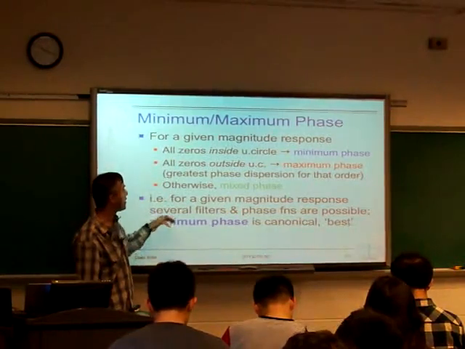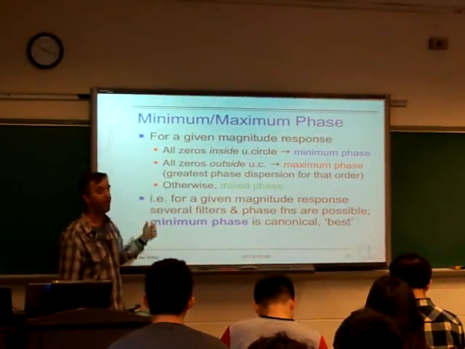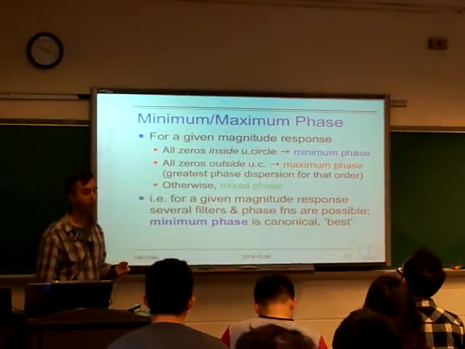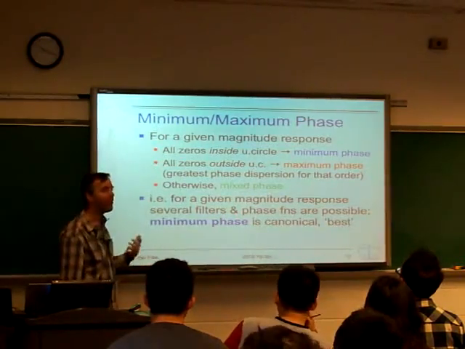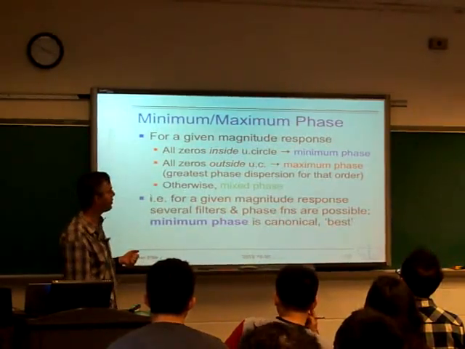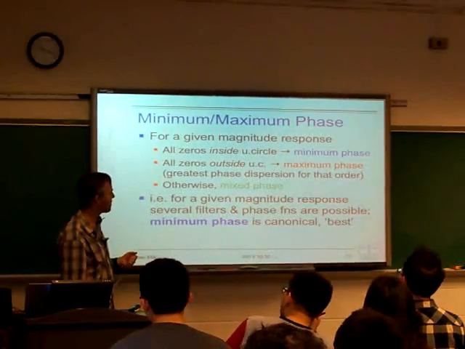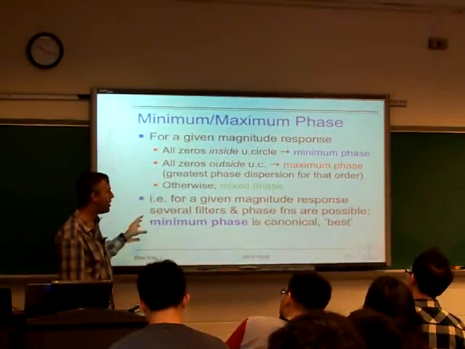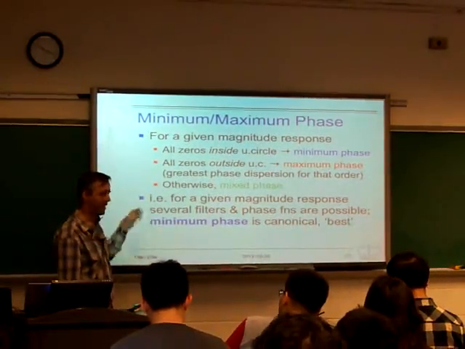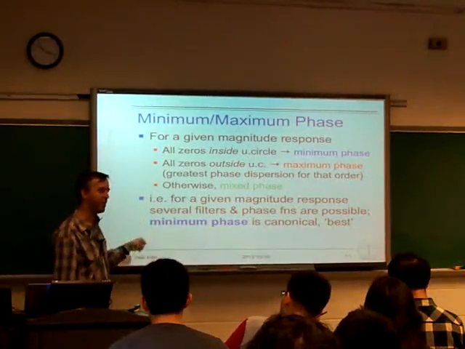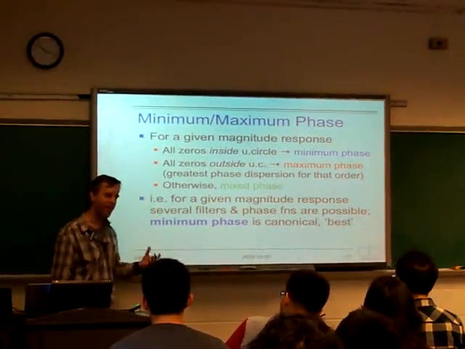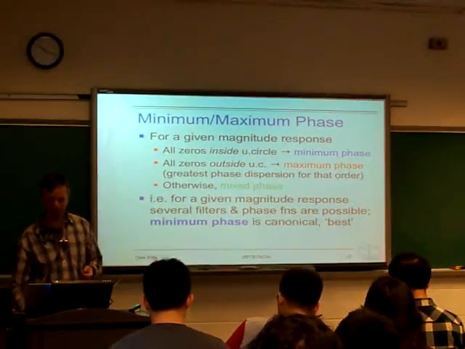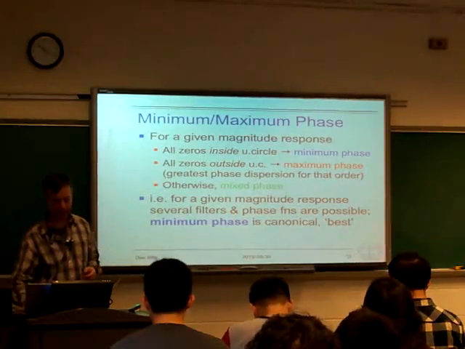And so the minimum phase filter is usually the preferred instance, and if nothing else is specified, that's the one you'll go for. It's normally the one that's most likely to show up in a simple physical system as well. That's the version that will be there if the system has zeros.